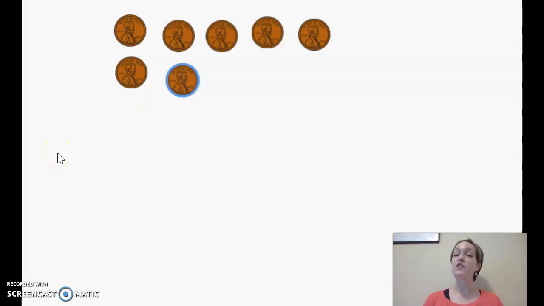And if I wanted to write that value to show the amount of money that I have here, again, it would look like this. I would have the number 7 showing how many pennies I have, and then my little C with the line through it that represents the word cents, so that I'm showing I have 7 cents. This is crazy easy, right?